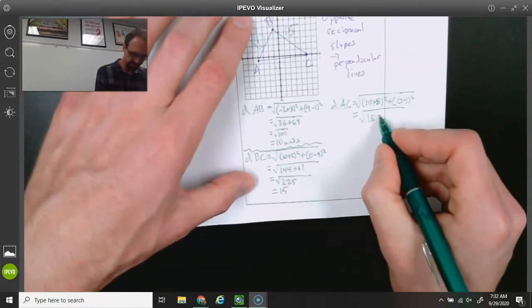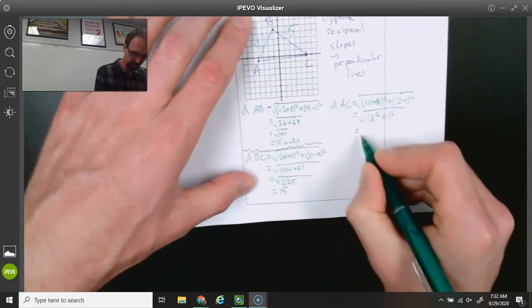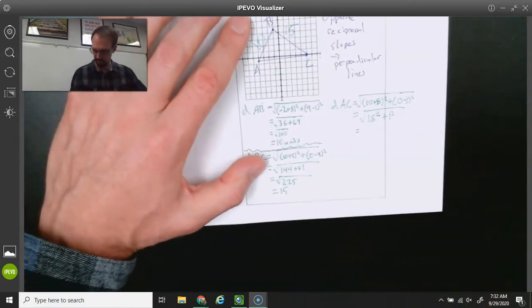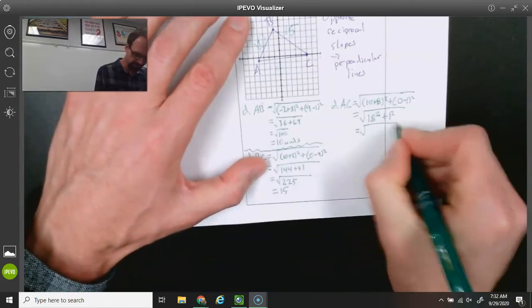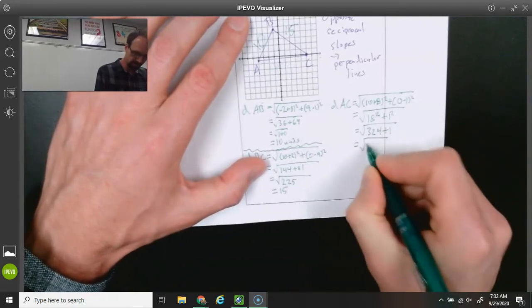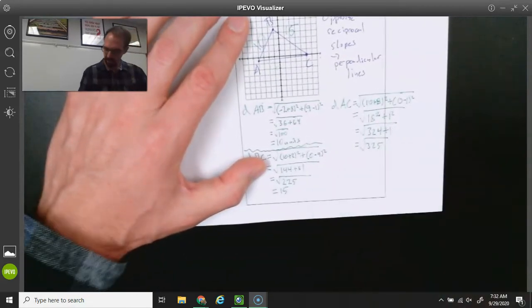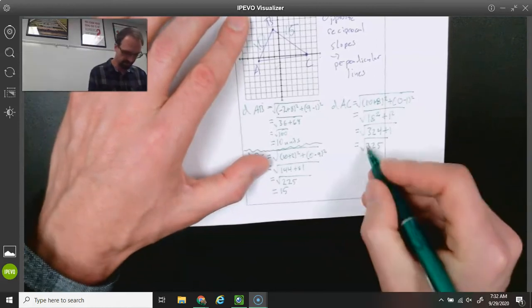And then 18 squared plus 1 squared. 18 squared, I don't remember off the top of my head, I used to. 324. Plus 1, so 325. And then just quick verification that it's not a perfect square.